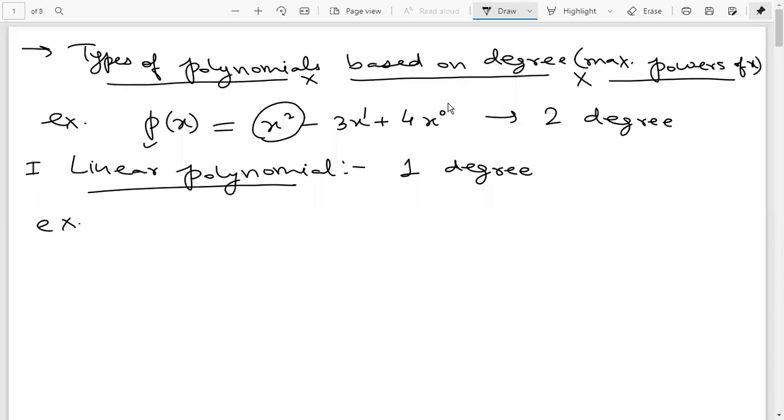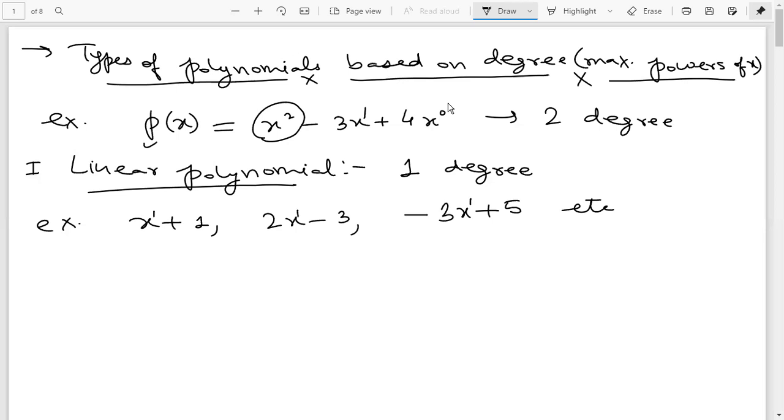Suppose x plus 1. What is the degree? 1, because x to the power 1 is the maximum power of x. One more example, 2x minus 3. Again the maximum power of x is 1. Suppose we have minus 3x plus 5. Again the maximum power of x is 1. So this type of polynomial is called a linear polynomial. Linear means degree 1.